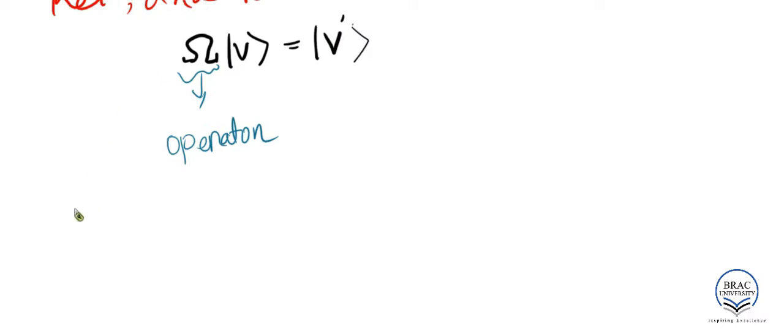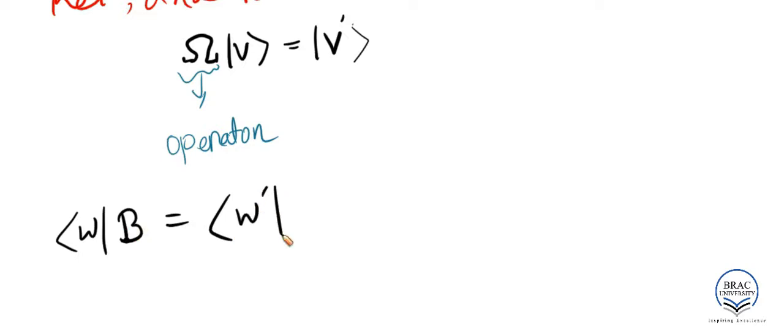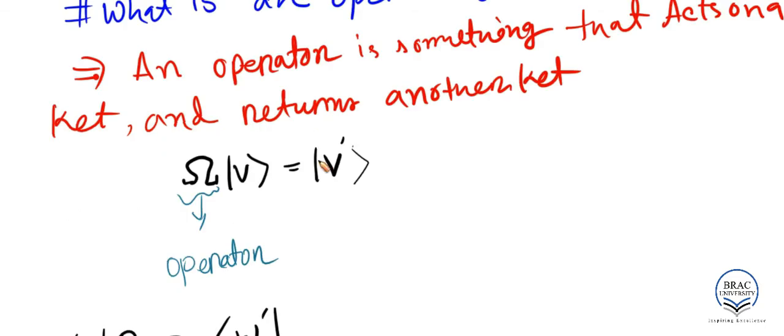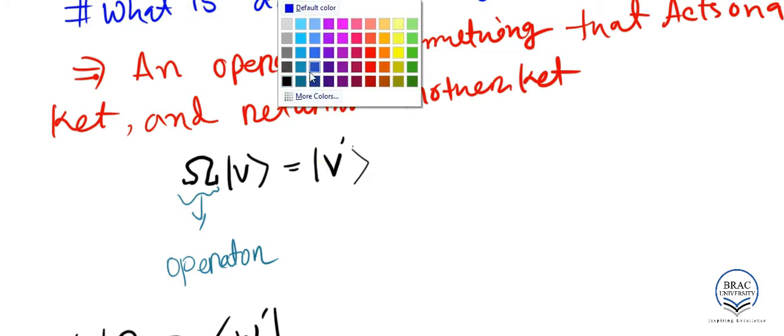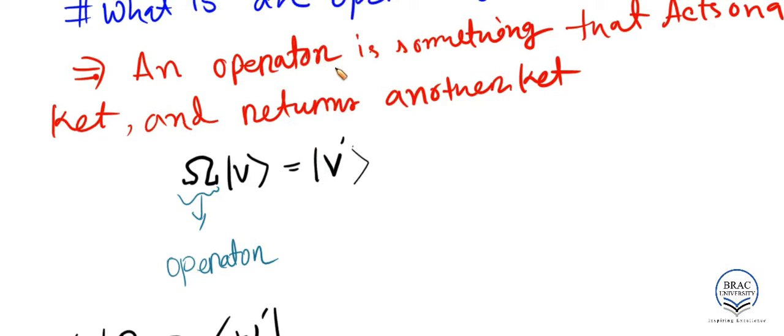So let's choose a bra vector w, and we choose another operator, let's say operator b, and this should give you another bra vector. And we will restrict to operators. Let me just write it down. We will discuss such operators that will keep us in our vector space.